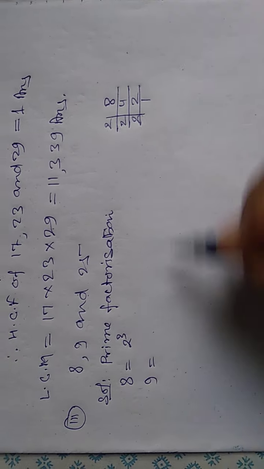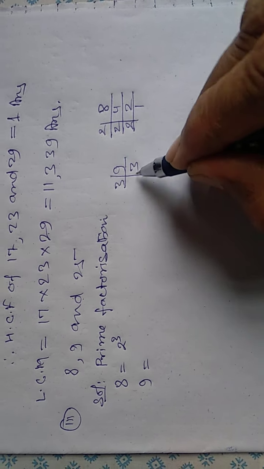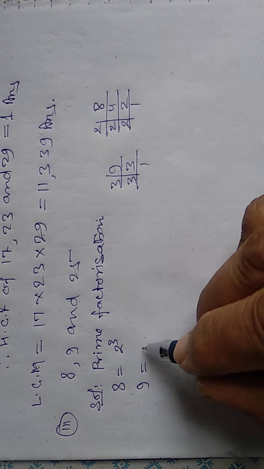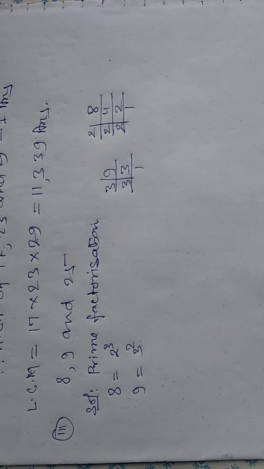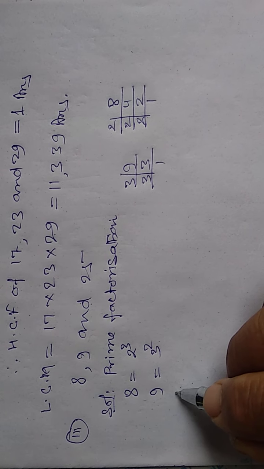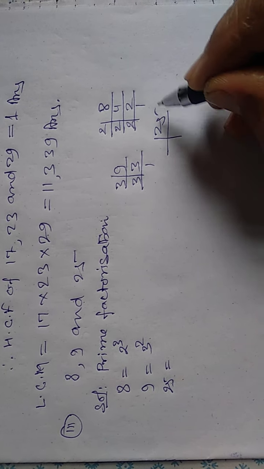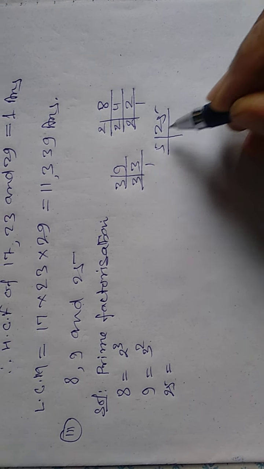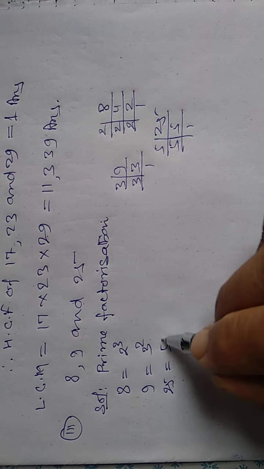Now prime factor of 9, divided by 3, 3 3 is 9, 3 1 is 3. Then its factor will be 3 power 2 as 3 present 2 times. And similarly 25, its prime factor, divide it by 5, 5 5s are 25, 5 1s are 5, then it is 5 square.